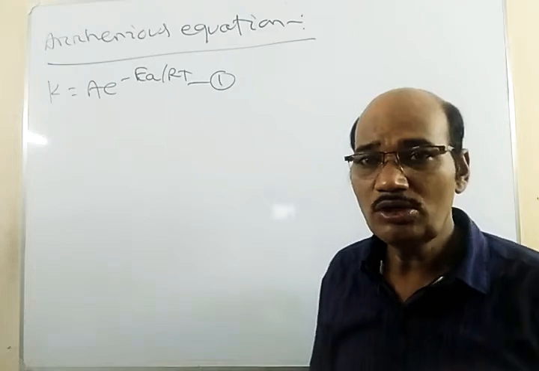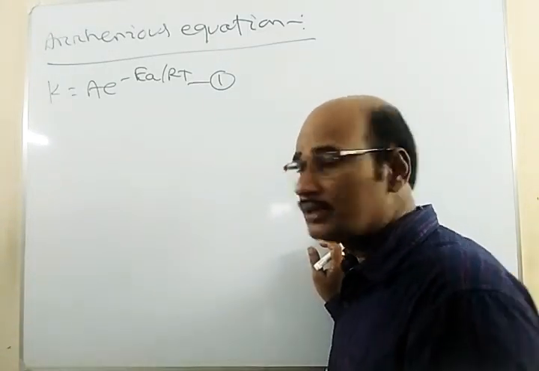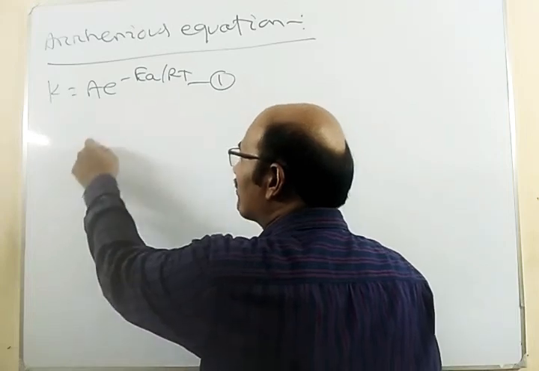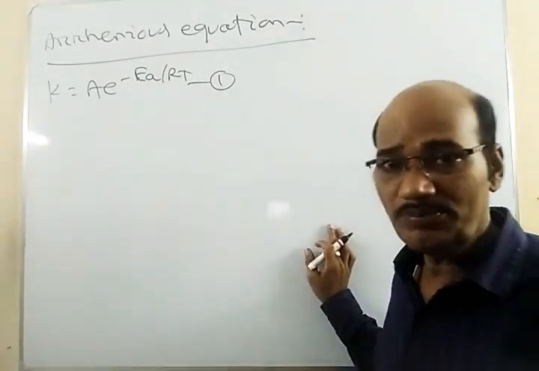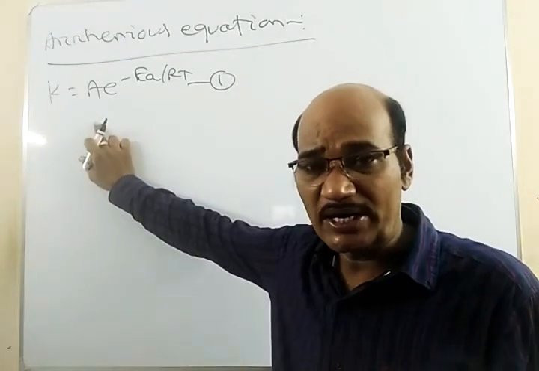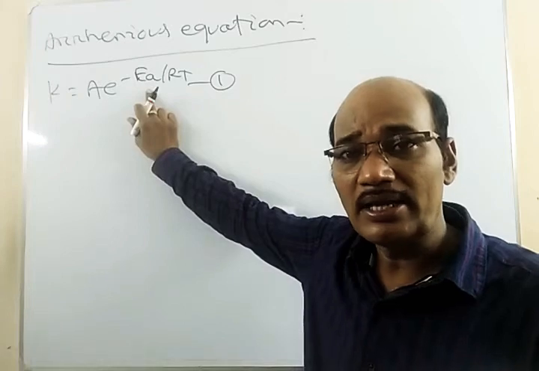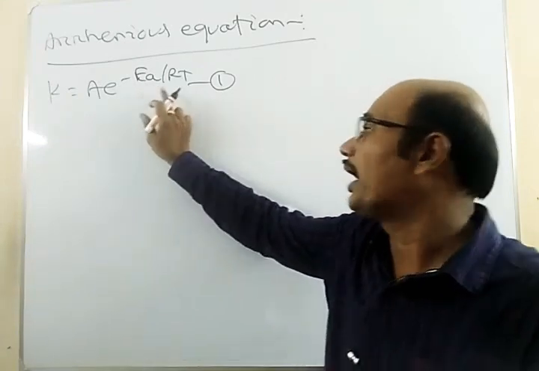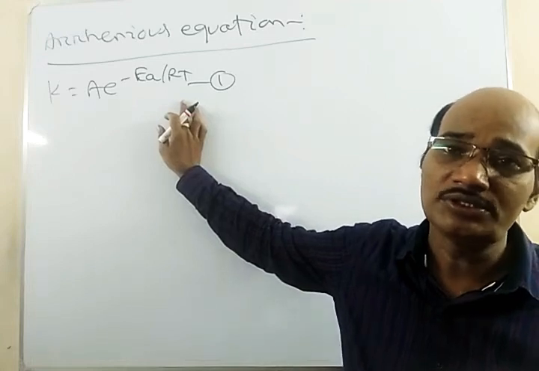Okay, so if it is asked to write the Arrhenius equation, then K equal to A e power minus EA by RT, where K is the rate constant, A is the frequency factor, EA is the activation energy, R is the universal gas constant, and T is the absolute temperature.